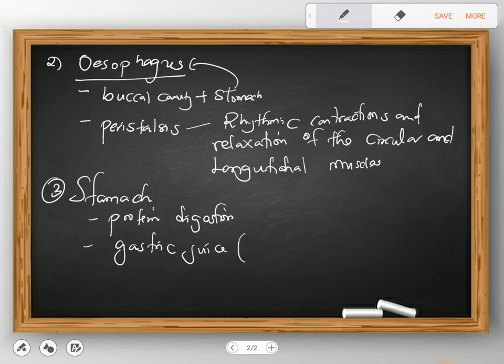Now, this gastric juice contains enzymes such as pepsin. Apart from gastric juice, in the stomach, we're also going to find hydrochloric acid. Let me not forget to talk about this one, which is an important component of the stomach because it kills the bacteria found in the food that you eat.